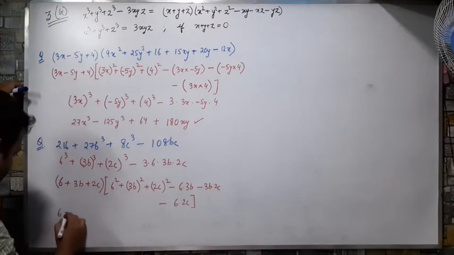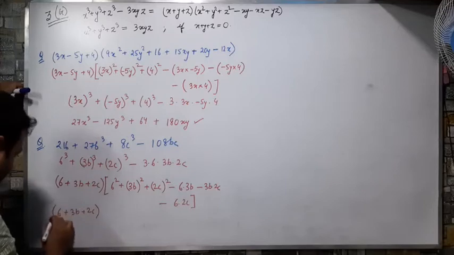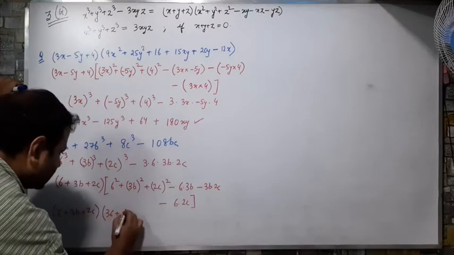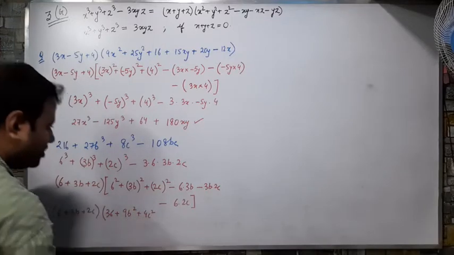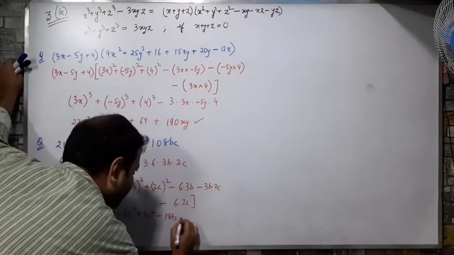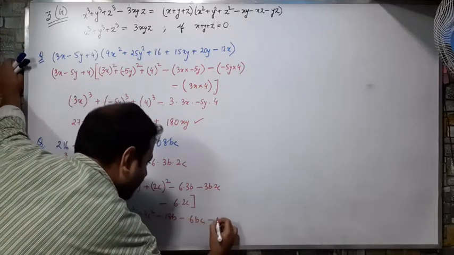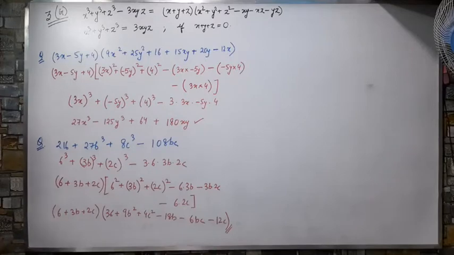I am getting 6 plus 3b plus 2c, and then 6 square is 36 plus 9b square plus 4c square minus 18b minus 6bc and finally minus 12c. So this is how I have expanded this shortened form.